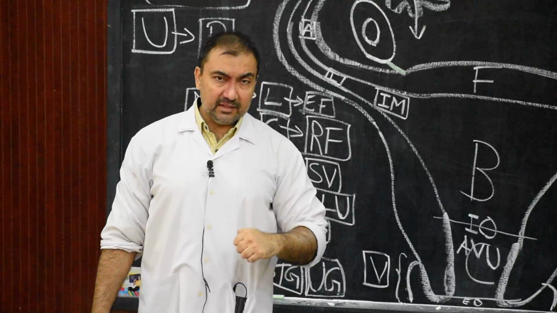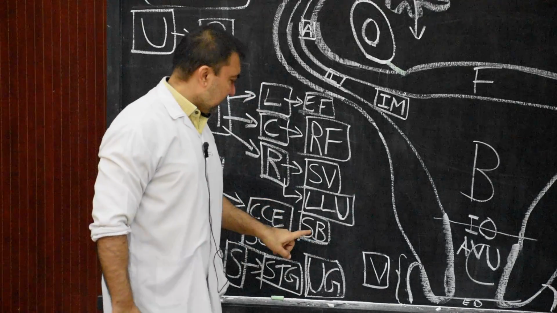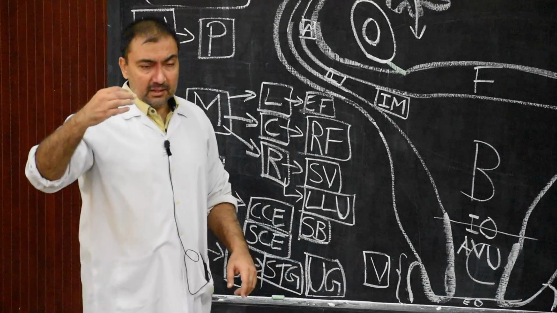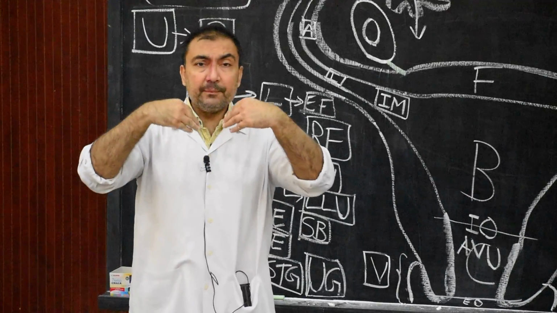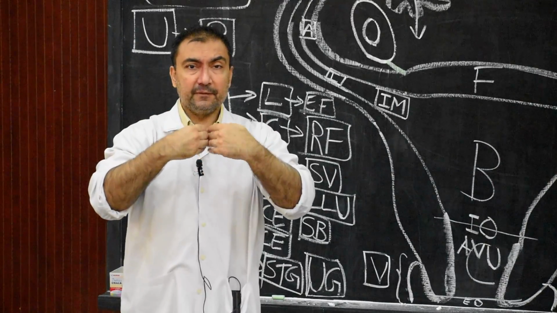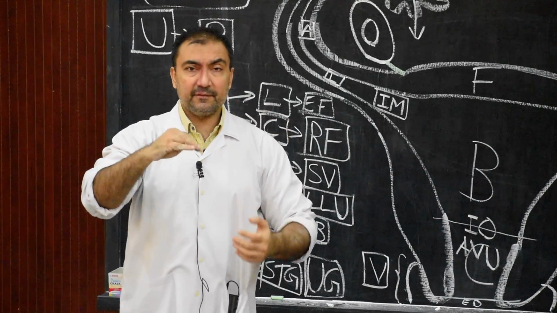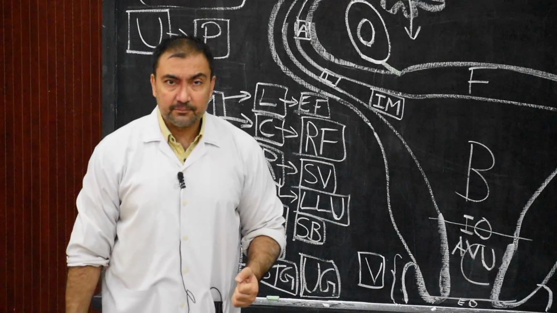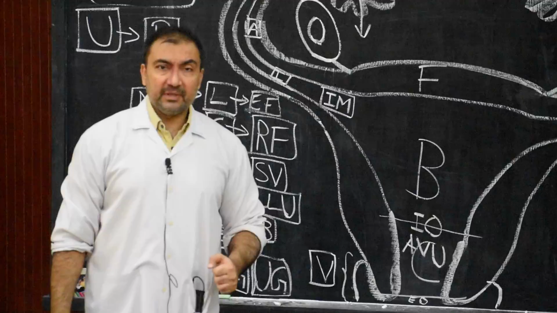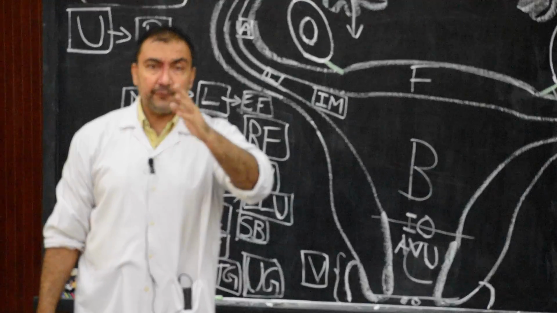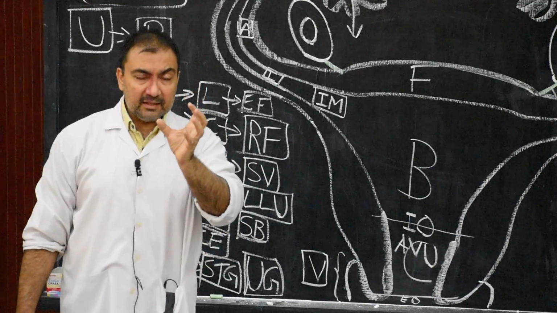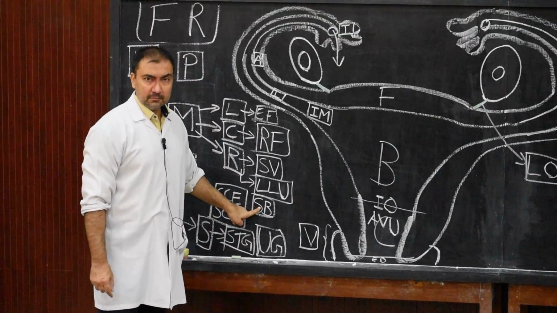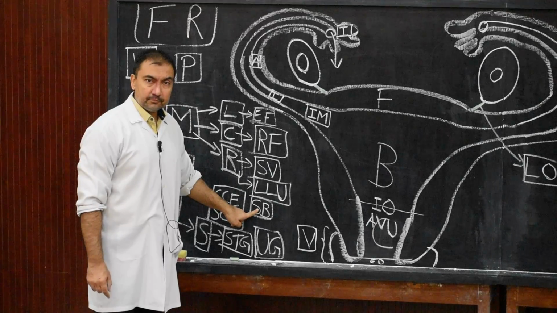This stratum basalis is supplied by the straight arteries, and it helps in repair, regrowth and regeneration after each and every menstruation in the menstrual cycle. It consists of the basalmost part of the uterine glands.